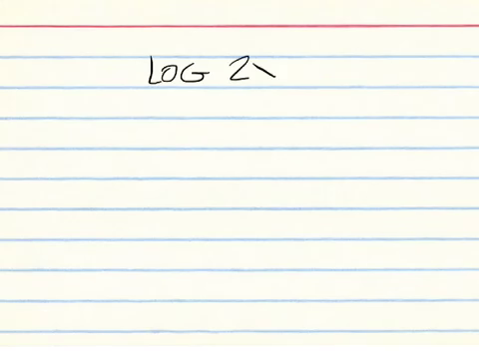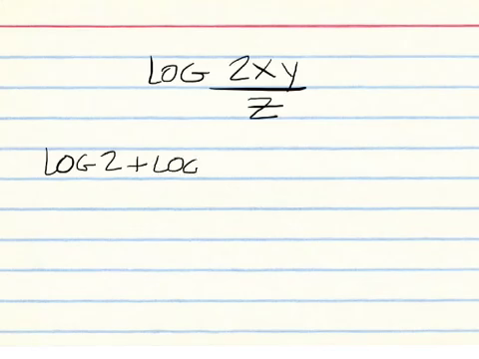Log 2xy over z. What goes first? Right. That should be a minus sign here. Yeah, log 2 plus log x plus log y minus log z.